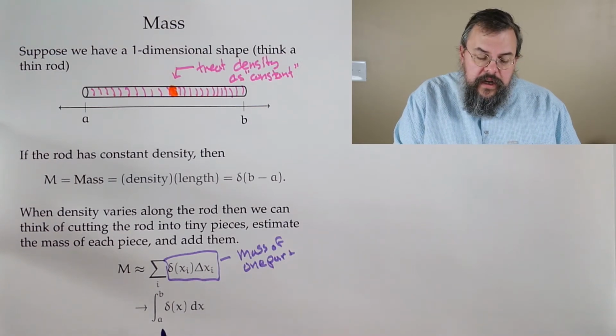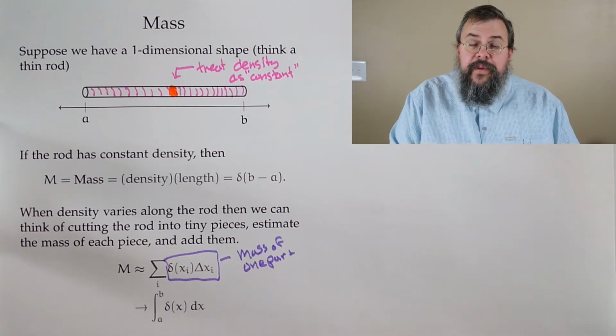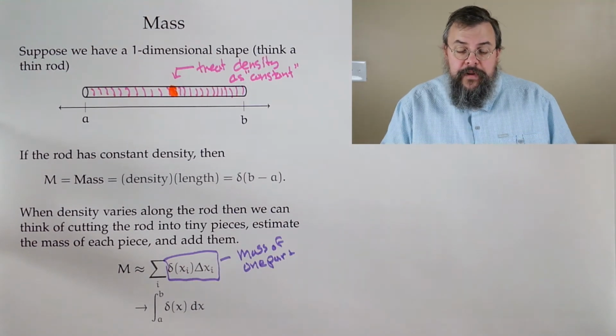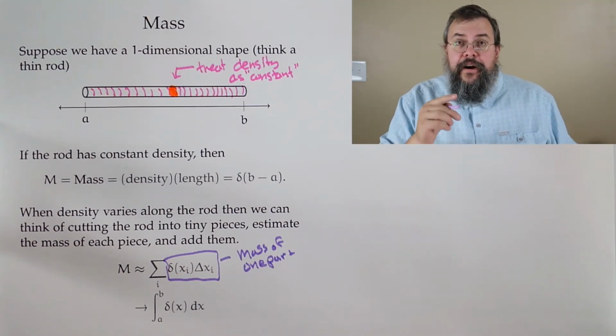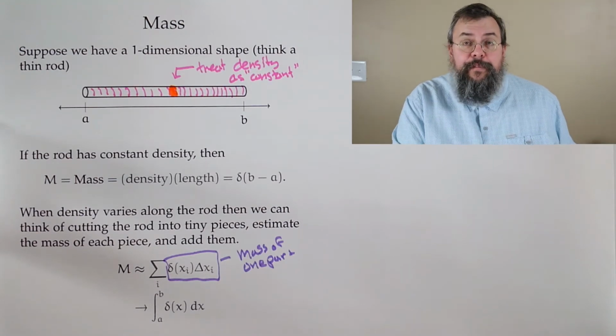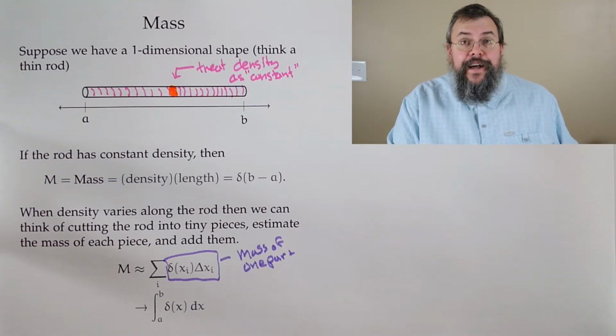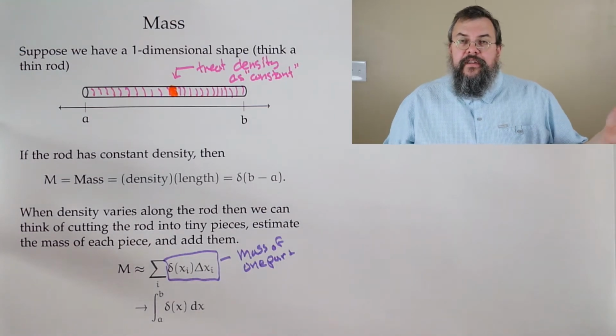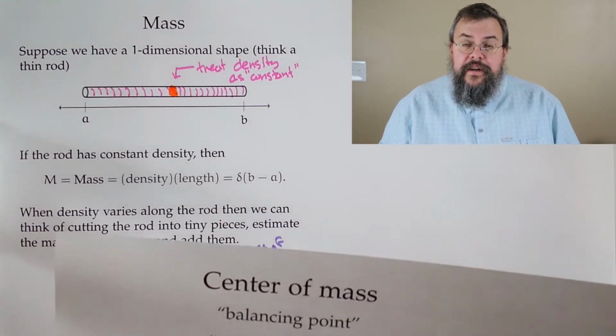So this is really saying density times length, the mass of a little piece, add the pieces up. Now we know how to read the formula. Once we know how to read the formula, we know how to understand it, and also importantly, how to adapt it. It's good to be adaptable. So that's mass. That's not so bad. Just break things into parts, add them up, and you're done.